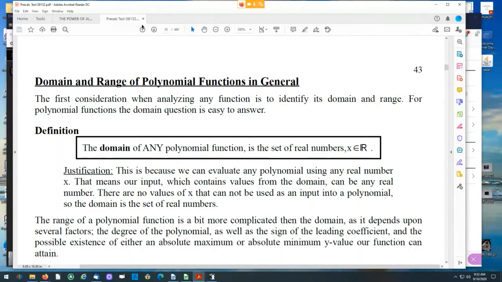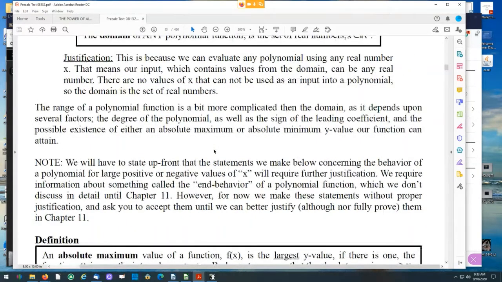The domain is the set of all real numbers, no matter what polynomial I'm dealing with, whether it's linear, quadratic, cubic. Why is that? Well, you can put any number into your polynomial function and get a real number out. There are no problems with picking a specific number that's going to cause difficulties, such as the square root of a negative or dividing by 0. So that's an easy question. Polynomial functions are easy in their domains. Okay, so we can move on from that.